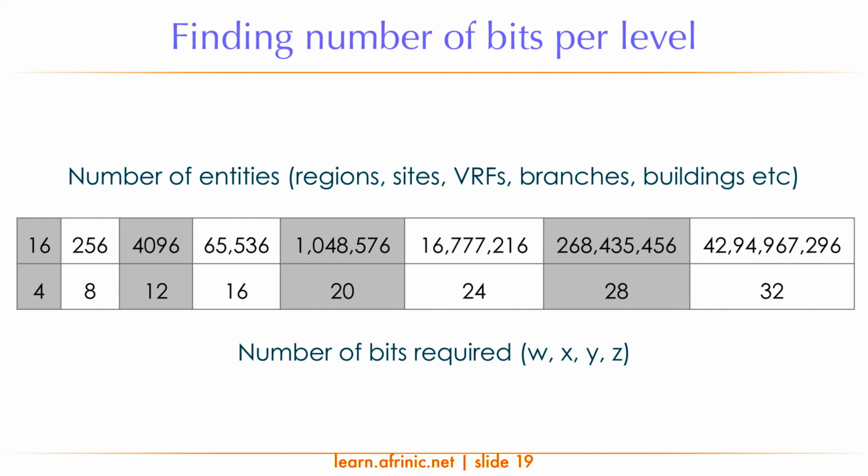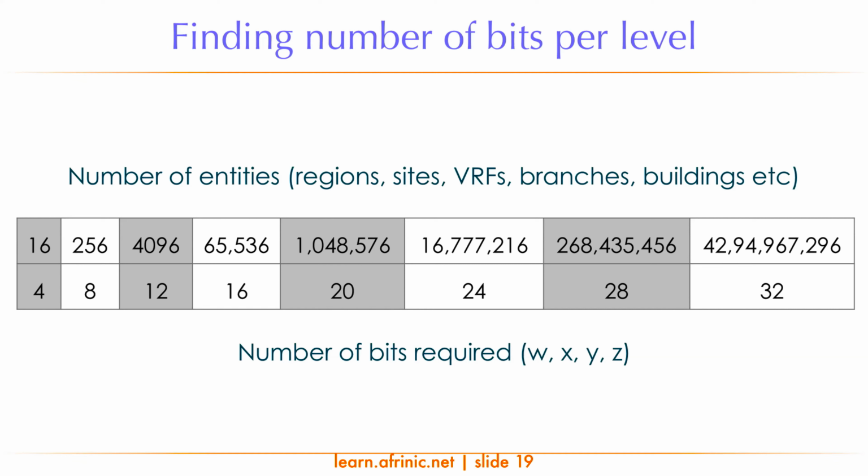Someone says 16. 12, 4. So the answer is 4 bits, right? So the first person to, yeah. So we have 4 bits that will enable me to meet the requirement of 10 regions. So I need 4 bits.